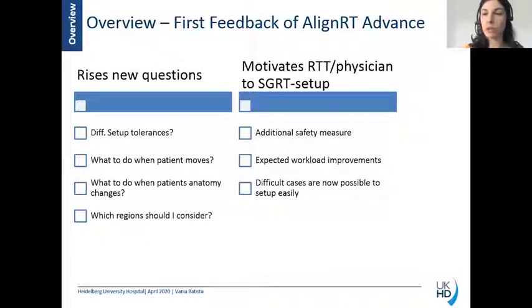In some cases before, you always did a plan with large PTV margins, and you were sometimes compromising the organs at risk because you were not able to set up the patients correctly the same way every day. Now with Align RT you are able to see and monitor the treatment and the position to have the same degree of quality every day.